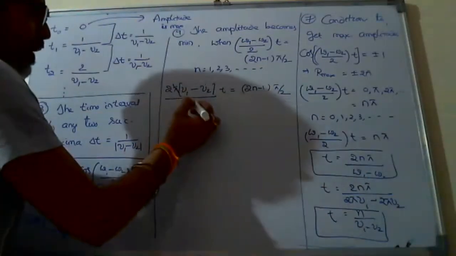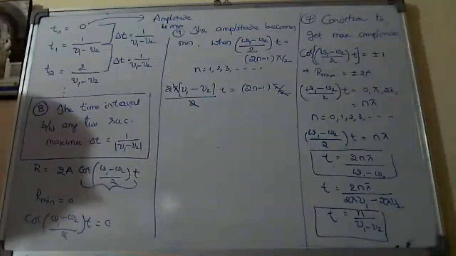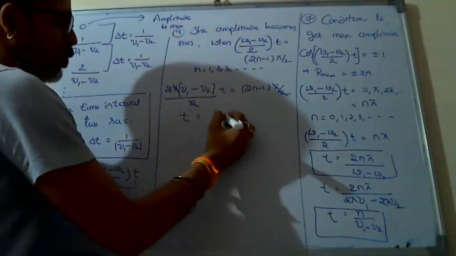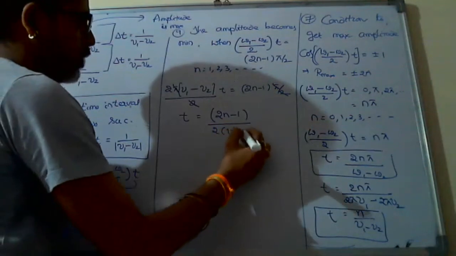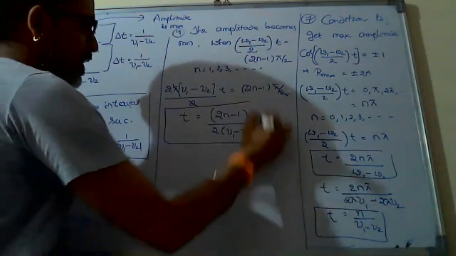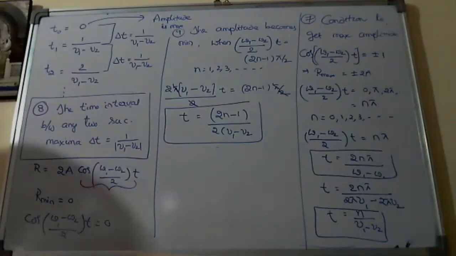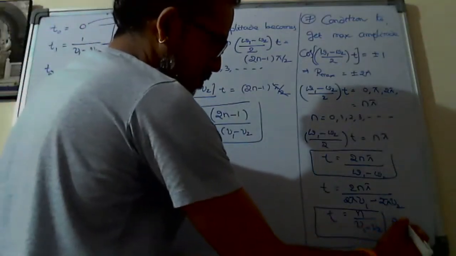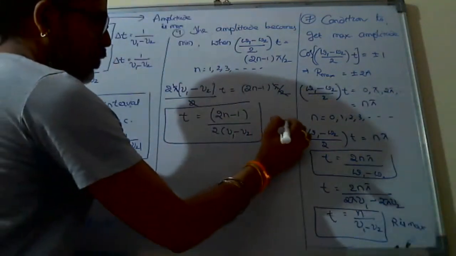So pi by 2 cancels. Therefore t equals (2n minus 1) divided by 2 into (nu 1 minus nu 2). These are the times at which the resultant amplitude is minimum, and the earlier ones are the times at which the amplitude is maximum.